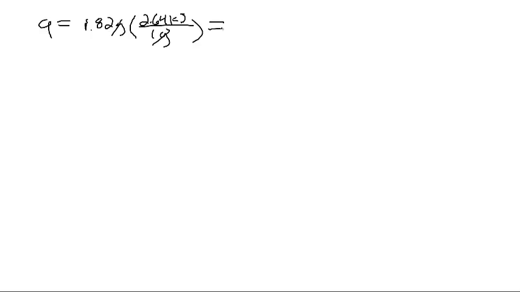So what do I get when I multiply 0.182 times 26.4? 4.80. Just move it one decimal. 4.80 kilojoules.